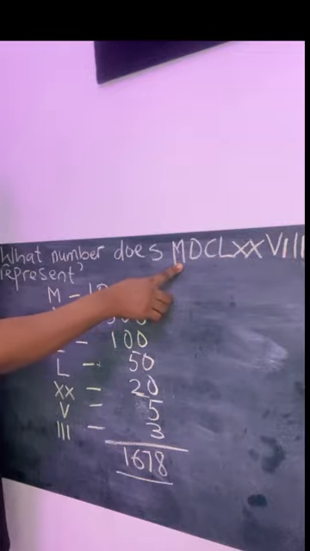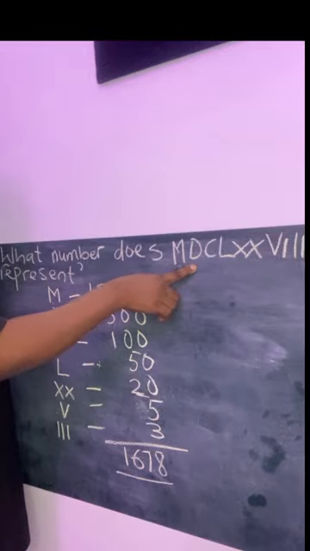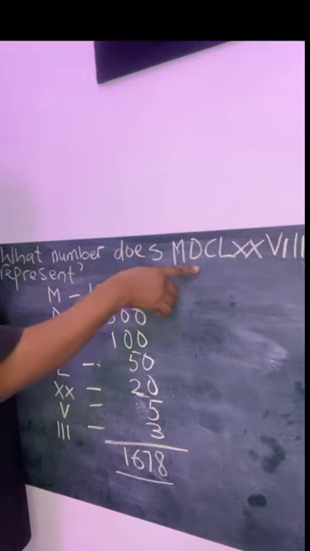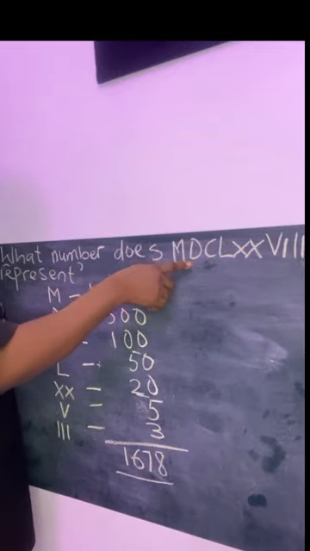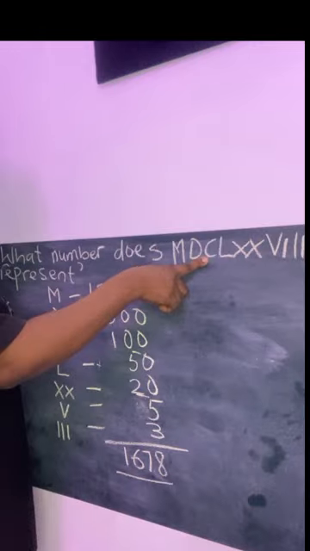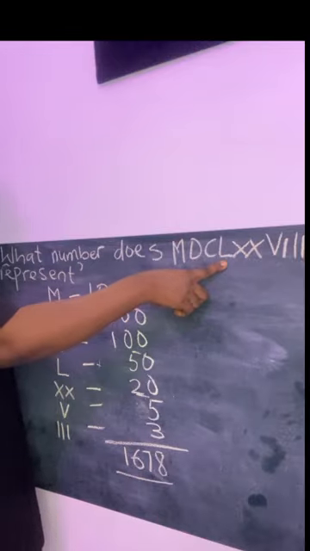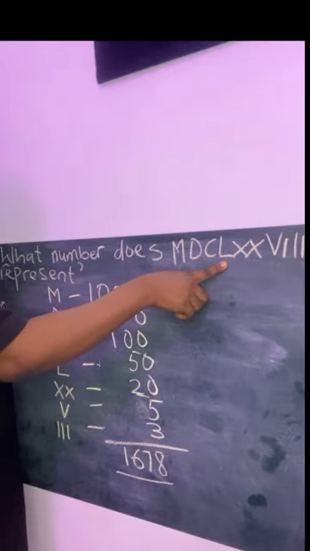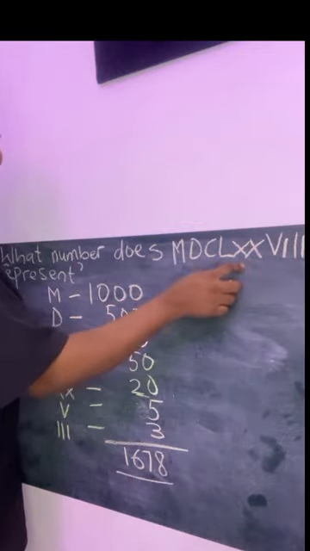Let us try solving it without doing this long process. We have our M to be 1000. 1000 plus D, which is 500, is 1500. Plus an additional 100 is 1600. Then we have our 50, that is 1650. Then we have our 10, 10, that is 20.